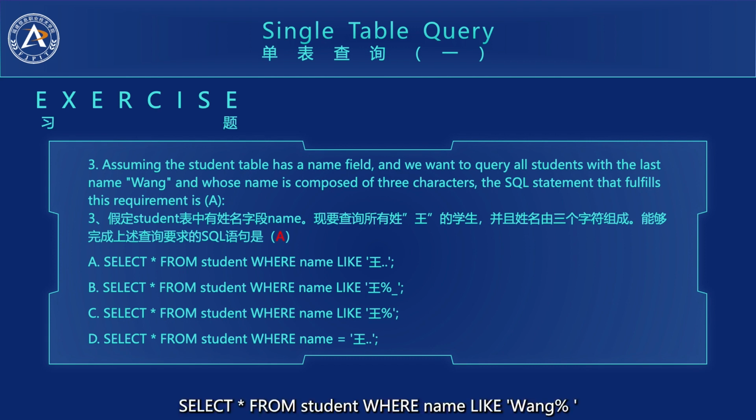B. Select * from student where name like 'Wang%'. C. Select * from student where name like 'Wang__'. D. Select * from student where name = 'Wang'.